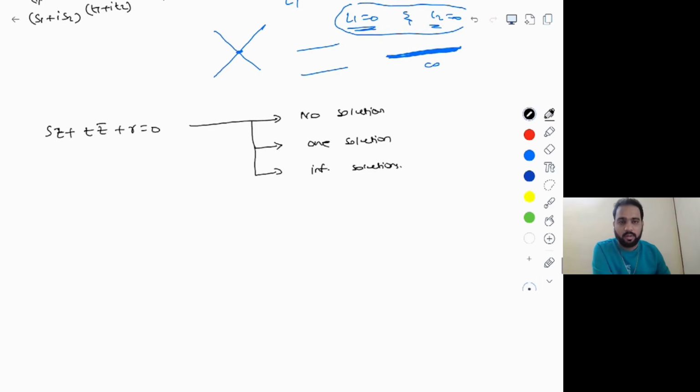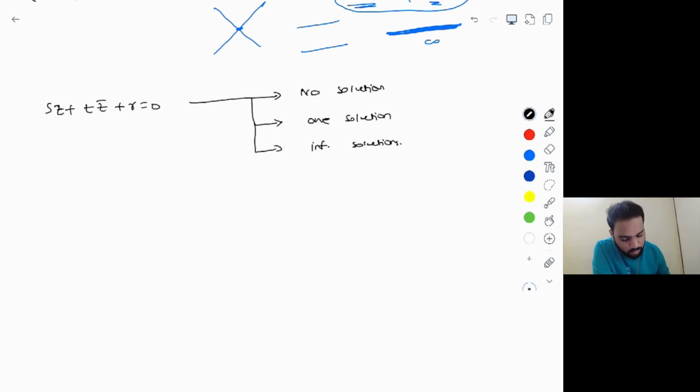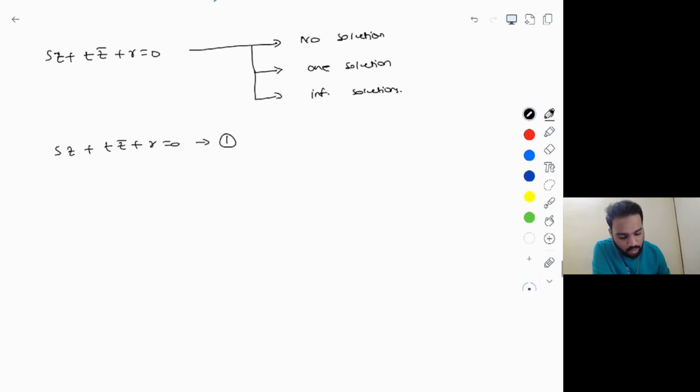Now let's start the solving process of this question. Okay, so the idea here is writing S into Z plus T into Z bar plus R is equal to 0. Let me take it as equation number 1. And I will take the conjugate of the entire equation and take it as equation number 2. I will take the conjugate on both sides of this equation, from which I'll be getting S bar into Z bar plus T bar into Z, plus R bar is equal to 0.